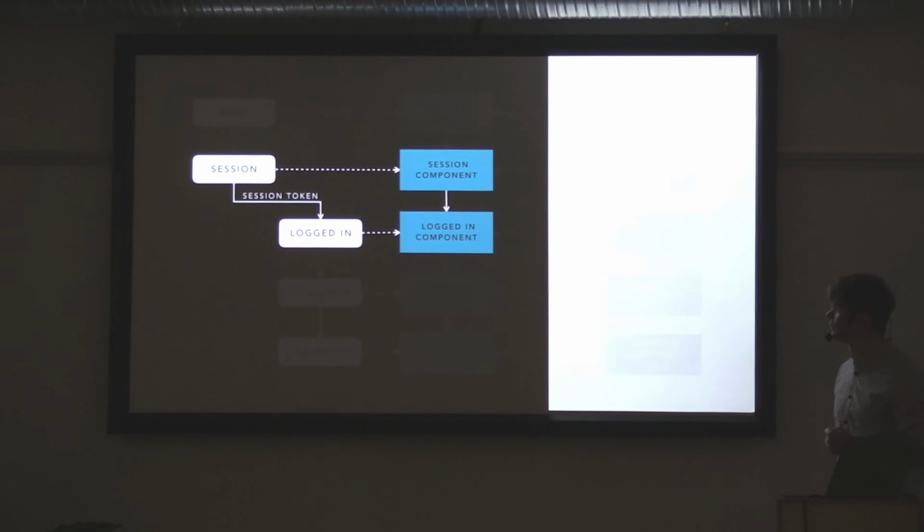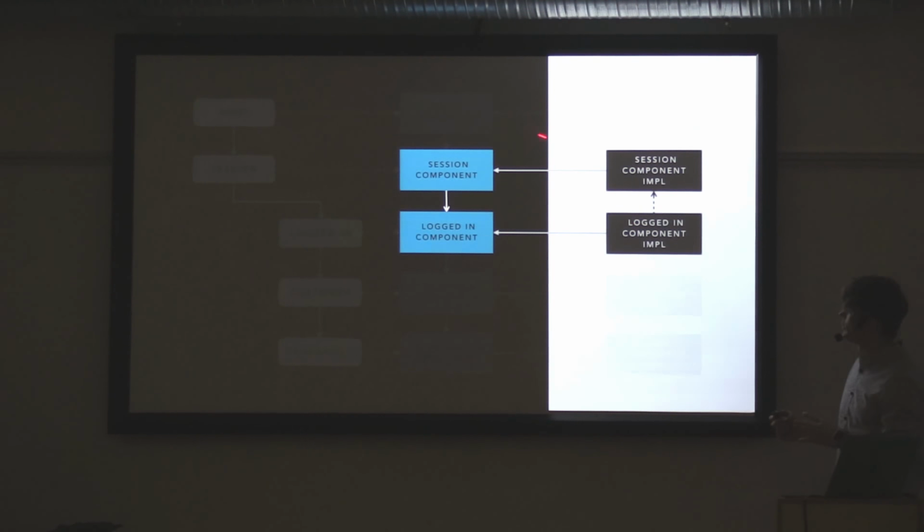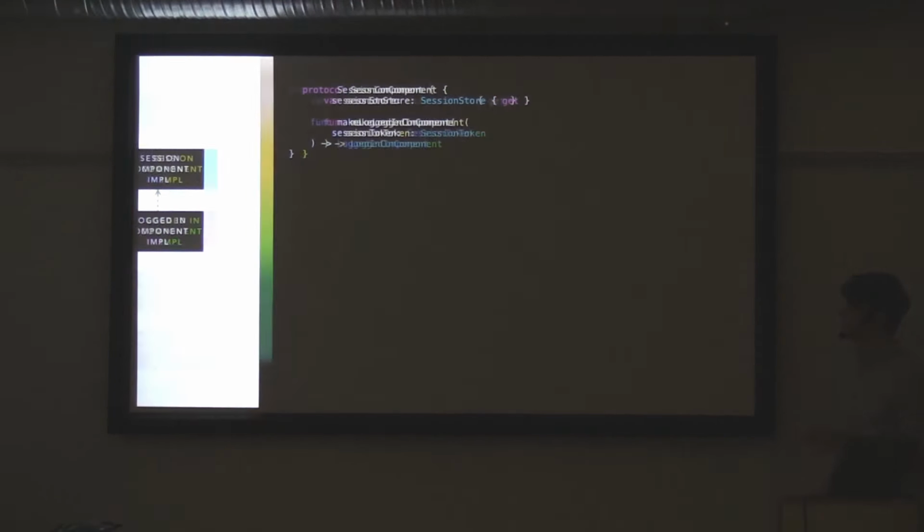Okay, go back. Now, this is the most interesting part. Let's see how the session component and component implementation differ. Remember, they live in separate places. So this is our declaration. We declare that we need some kind of a session store. We don't care from where. And we need the possibility to create a subcomponent given a session token.